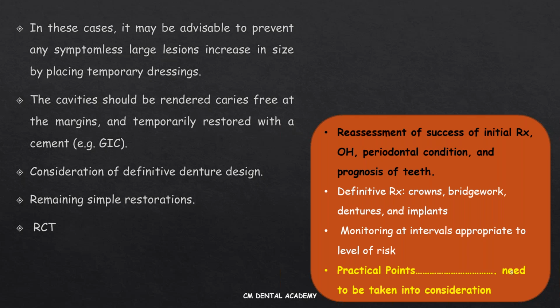The cavities should be rendered caries-free at the margins and temporarily restored with a cement, such as glass ionomer cement. Consideration of definitive denture designs if required, and remaining simple restorations. Any indications for root canal treatment can also be looked for.